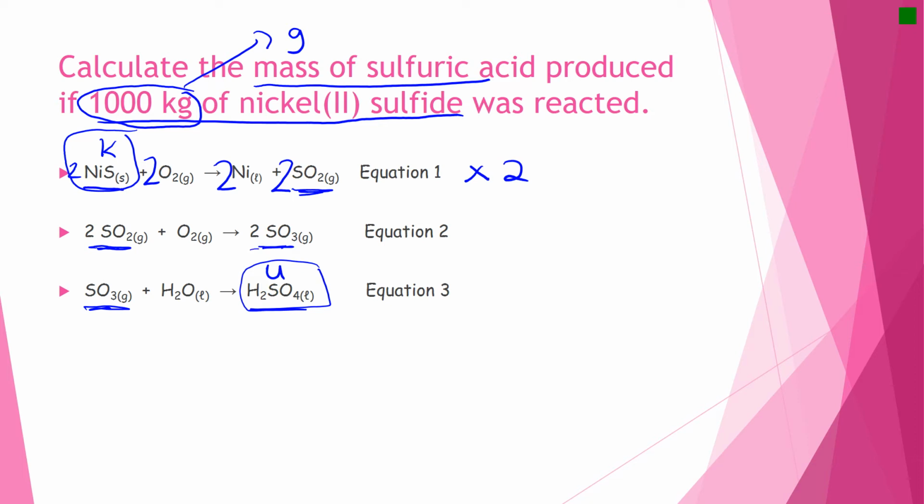So this one here had 2, this one was 1. So if I multiply this reaction by 2, 2, 2, and 2, now, as these coefficients here are the same, I can now relate directly my known to my unknown.